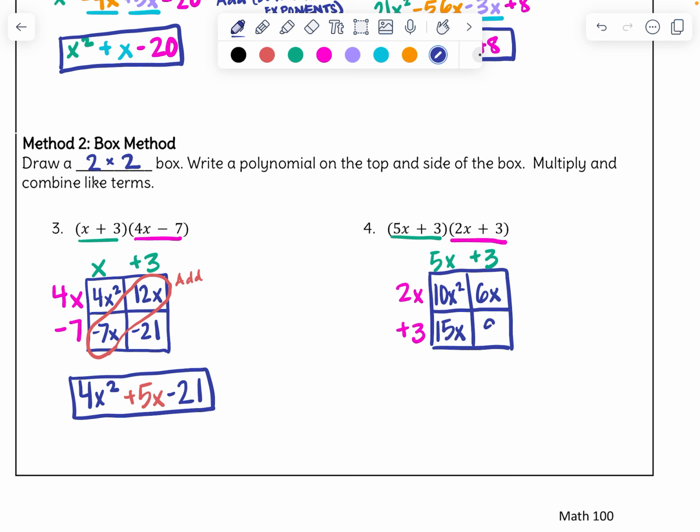And 3 times 3 is 9. The like terms are 15x and 6x, so I'm going to add those together. My answer is 10x squared plus 21x plus 9.